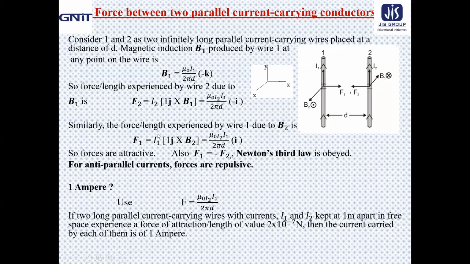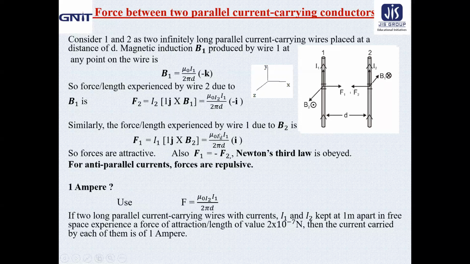Similarly, if we consider the force per unit length experienced by wire 1 due to B2, this will produce the field here in the form of B2. The direction will be along this. So what will be the corresponding force on wire 1? It will be F1. F1 equals I1, then 1 j cross B2.